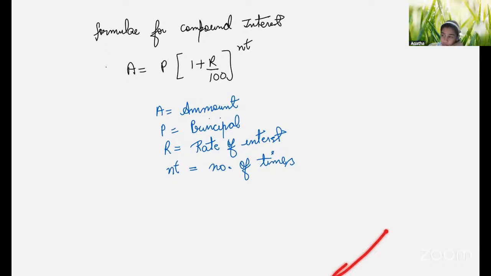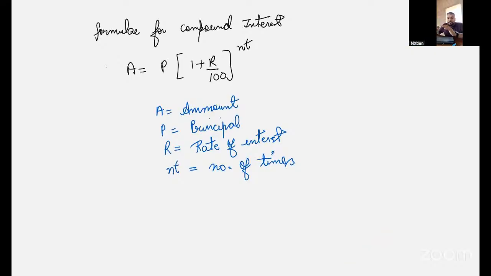Like one quarter of a pizza. So if it is quarterly, in 1 year, how many times will you calculate? 4 times. Quarterly means compounding after every 3 months.